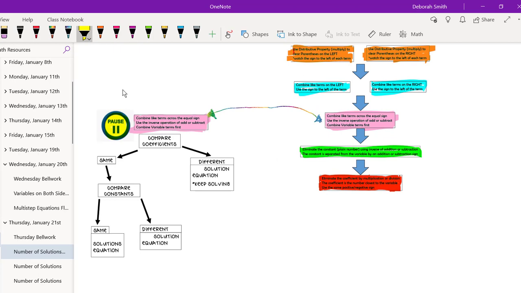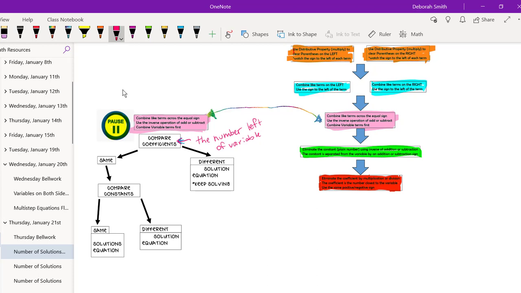Now remember, your coefficients are the number to the left of the variable, and it is the multiplier.